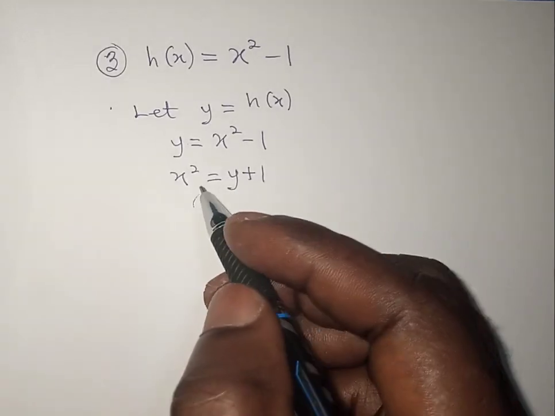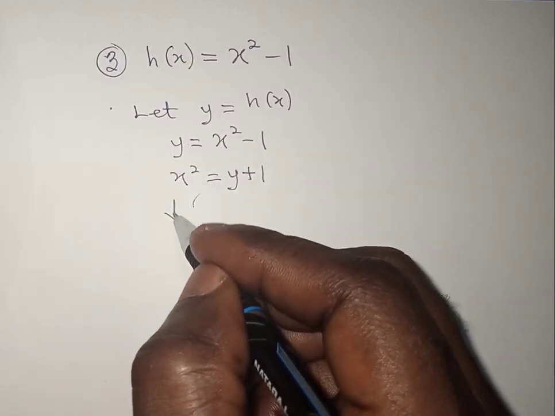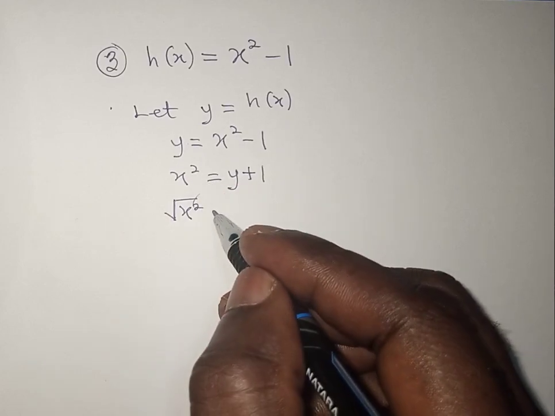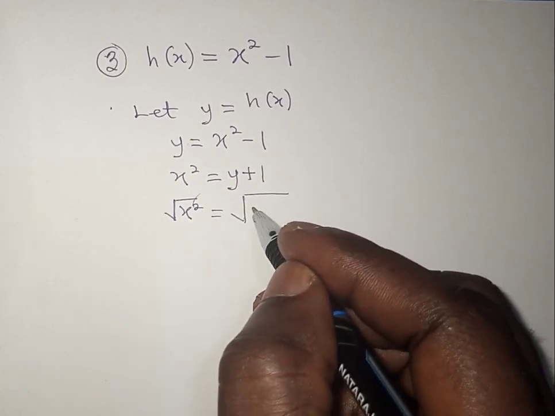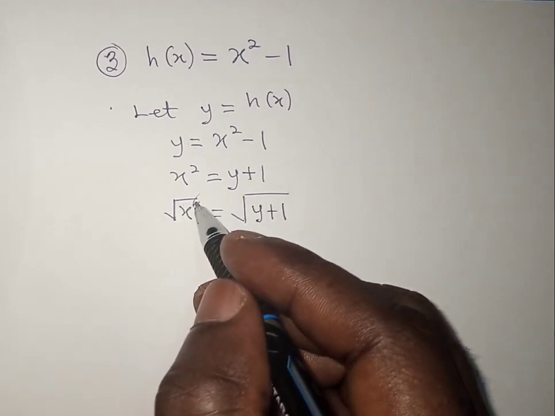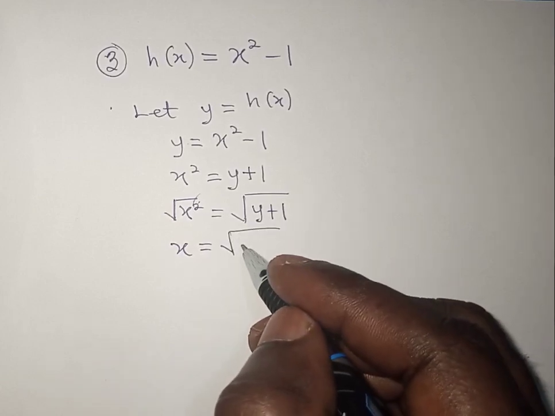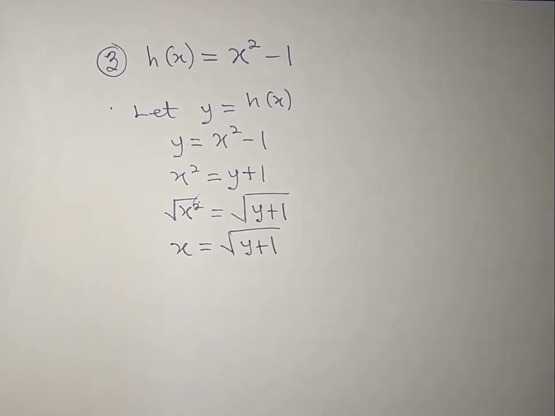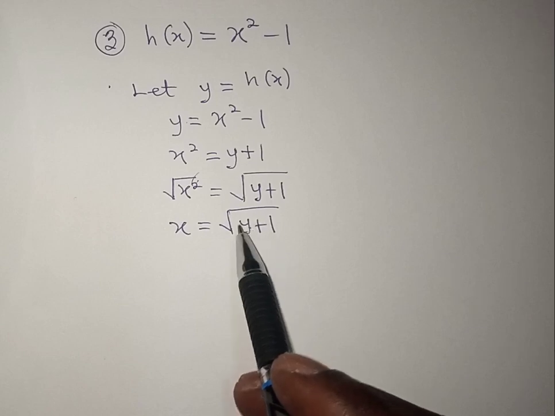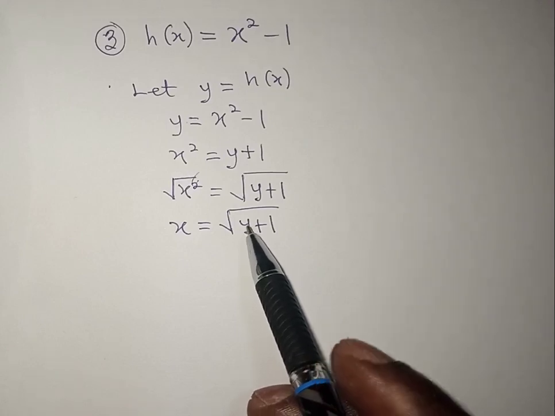Good. So once we have it like this, we are making x the subject. I would only take the square root of both sides because I have a square here, which is y plus 1, so that the square root will cancel the square here. Then I have my x to be the square root of y plus 1. Good. So how do we find the range of this, the values of y for which this x is defined?